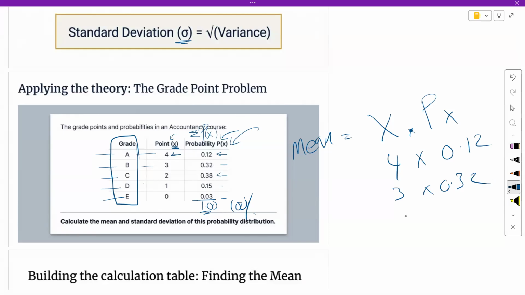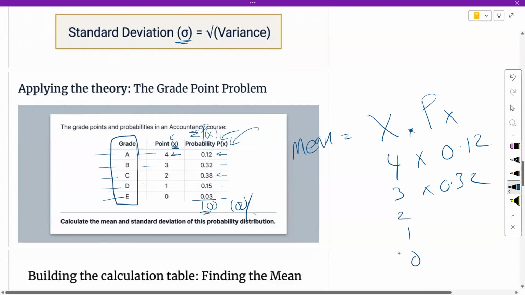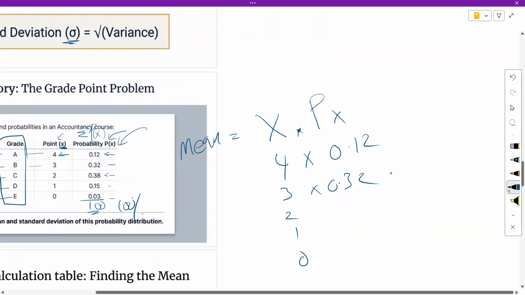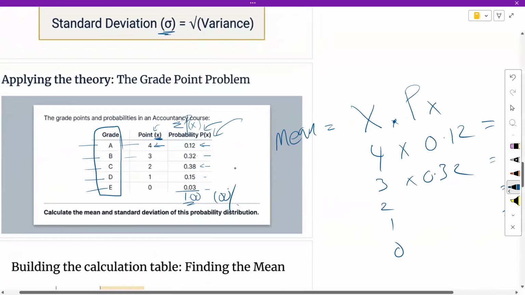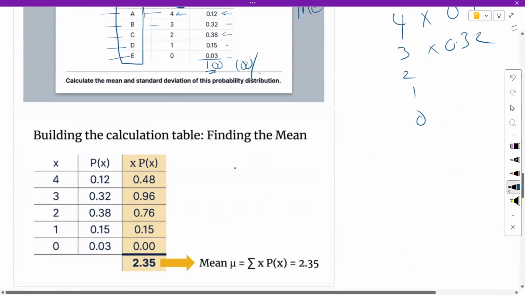Likewise we have to calculate for 2, 1, 0. For all x's we multiply by the probabilities, and if we take the sum of all of these values, that is equal to the mean. So you can say my expected GPA for the subject is like this.